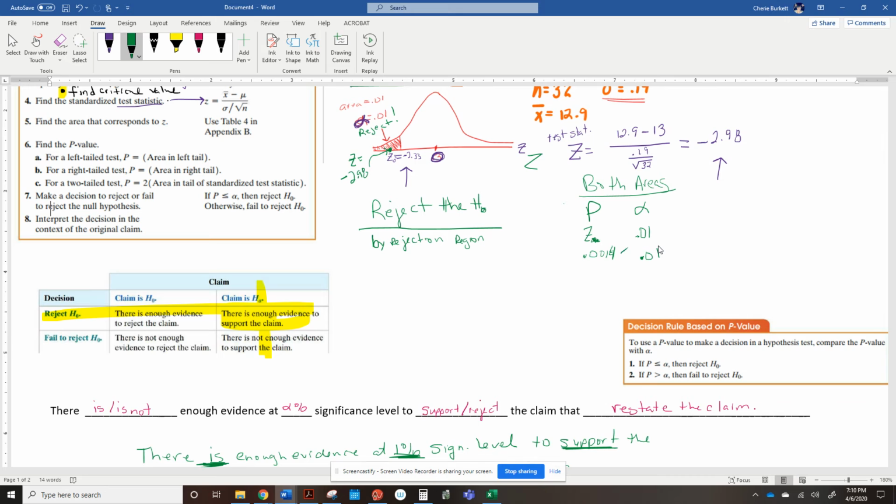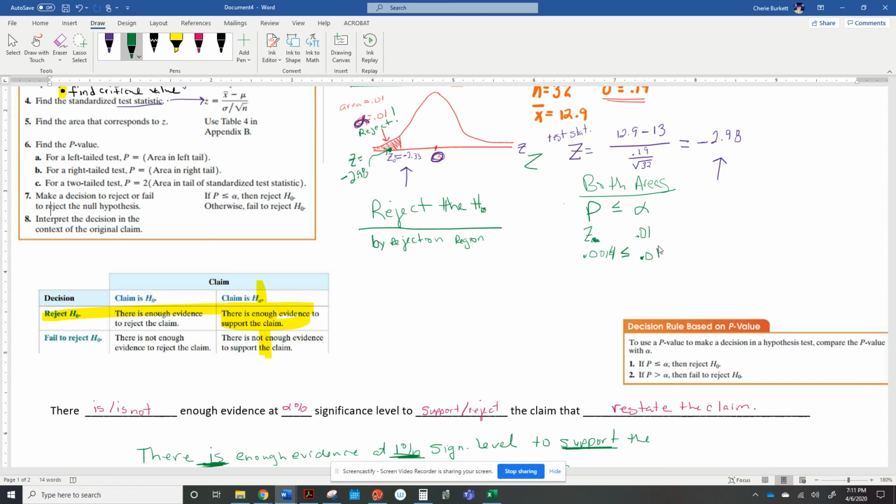We write less than. And since it's less than, we're going to put the equal there. Less than and the equal are always going to go together. So what did we conclude? That P was less than or equal to alpha. The area of the test statistic was smaller than the area of the significance.